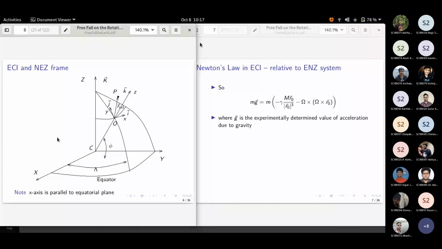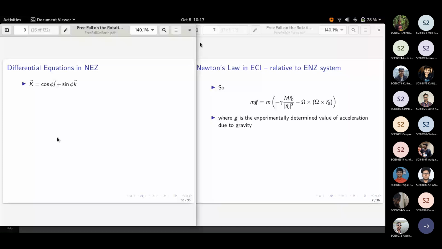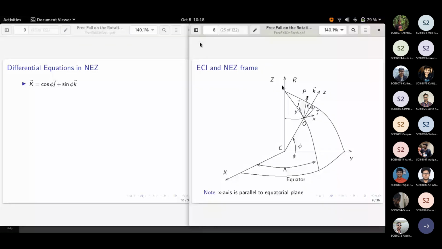With this picture, we already have computed that the omega direction is in the capital K. So you have to break it down into the north and the zenith direction. The omega is with respect to the Z axis or the capital K direction.